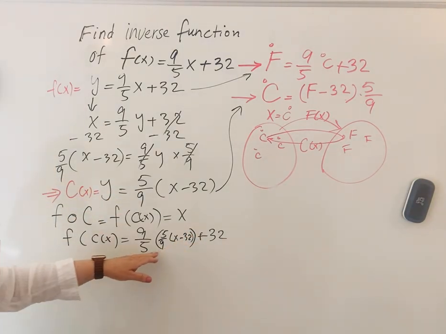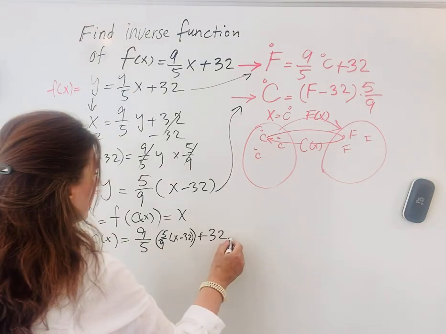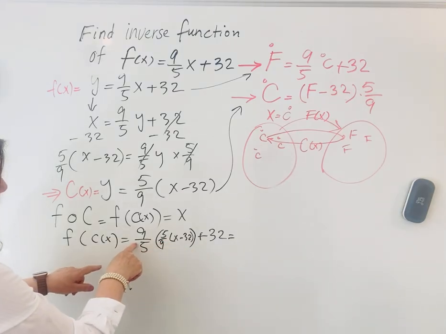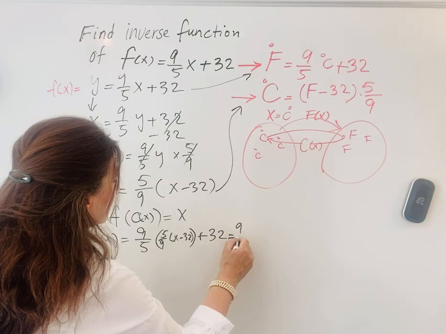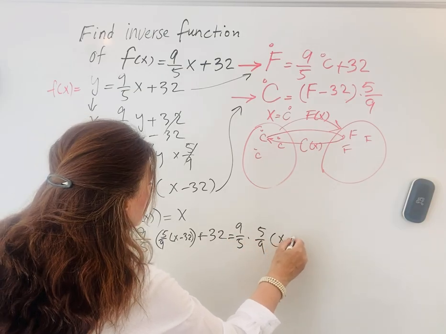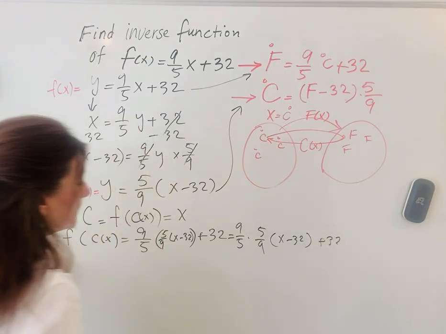One function inside another function: composition of functions. The coefficient of the parenthesis times this one: 9 times 5, 5 times 9, parentheses, plus 32, right?